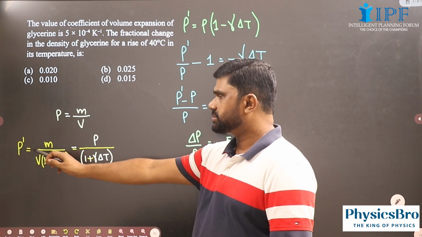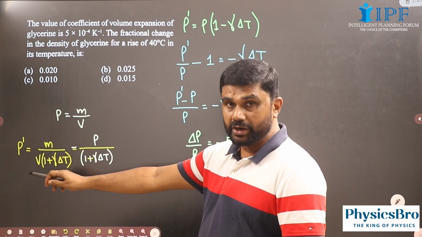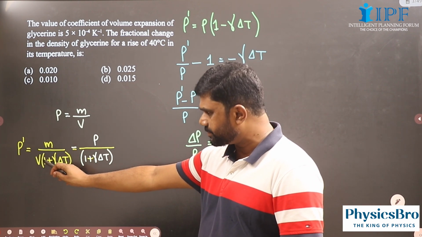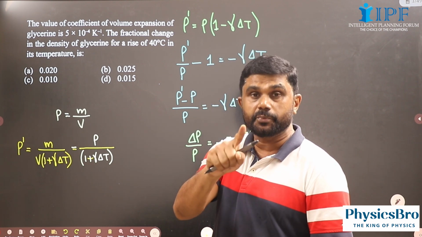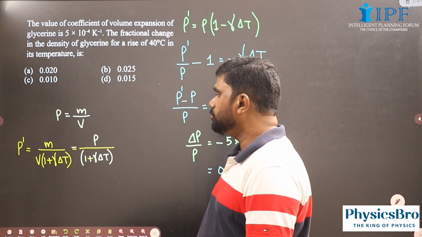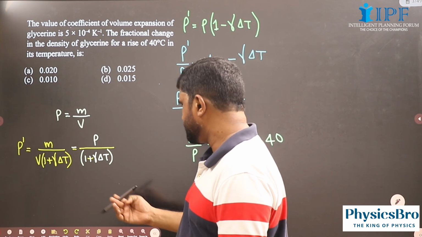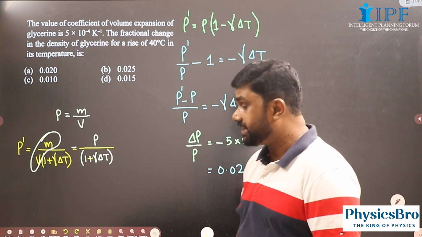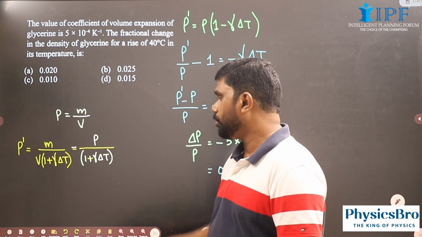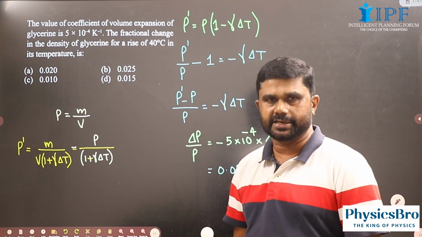So rho dash will be m divided by the new volume, which is the original volume times 1 plus gamma delta T, where gamma is the coefficient of cubical expansion. Now this m by V is the original density rho. So rho divided by 1 plus gamma delta T.